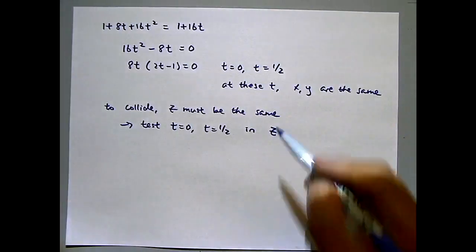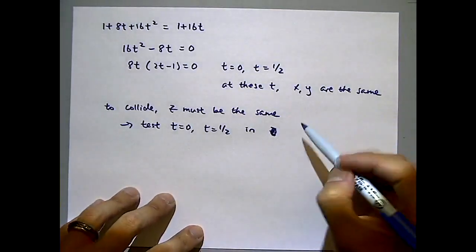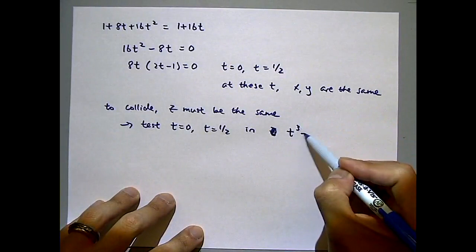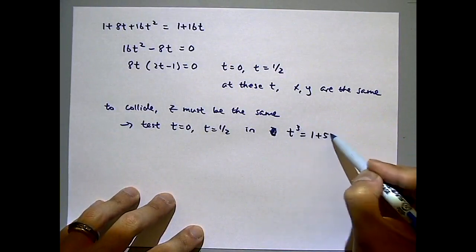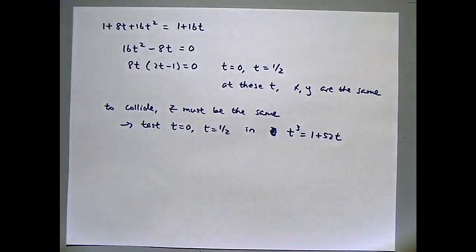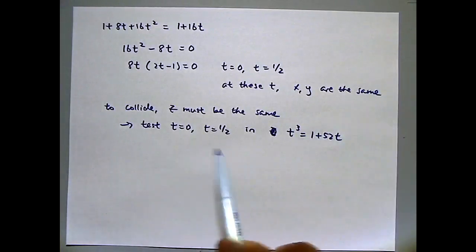And the third equation is t cubed equal to 1 plus 52t. If this equation is satisfied by at least one of these, then we know there's a collision. If not, then it doesn't happen.